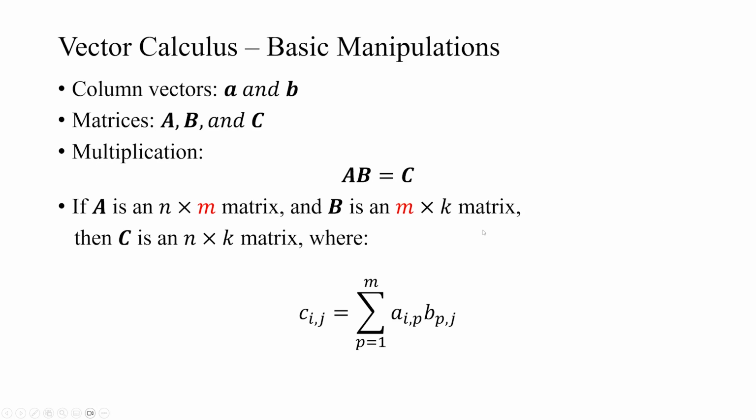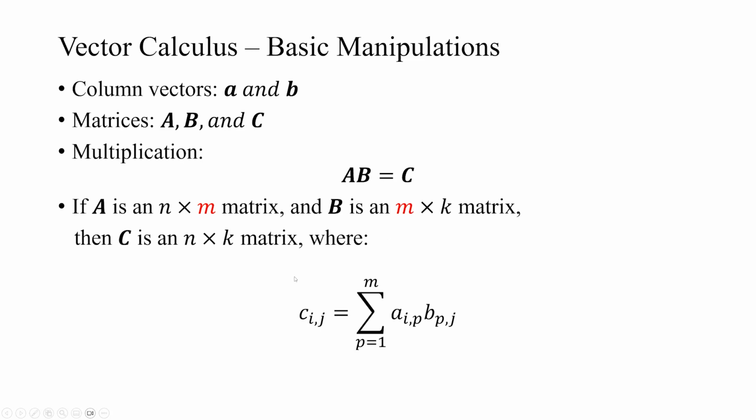One restriction here is that the number of columns of A, m, should equal the number of rows of B. This should be maintained. Then we get the matrix C as the product, where each entry value of C is equal to a sum over pairs of entries from A and B.